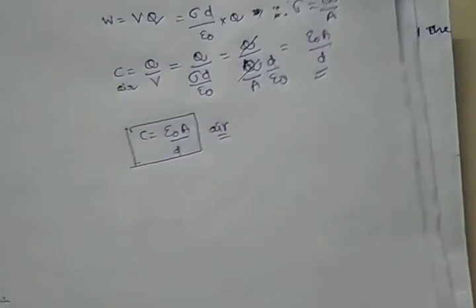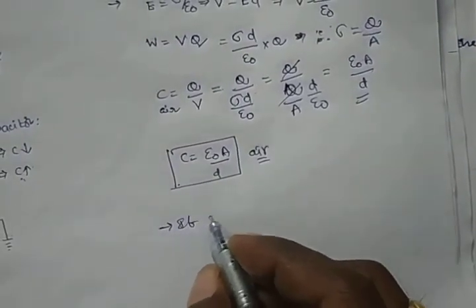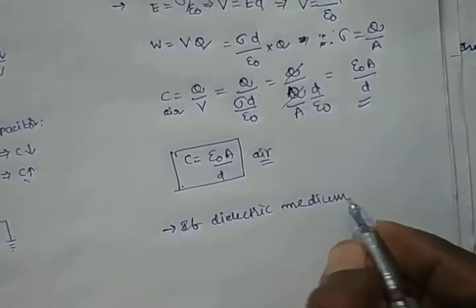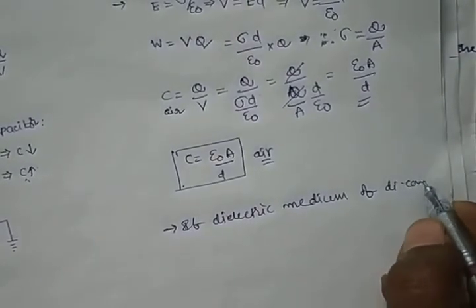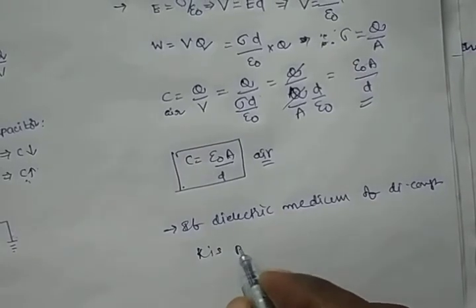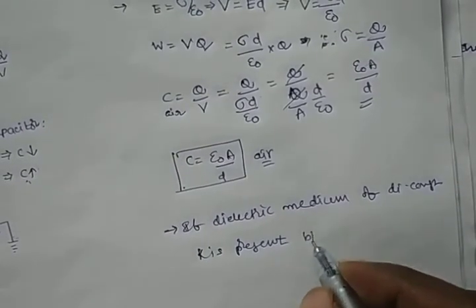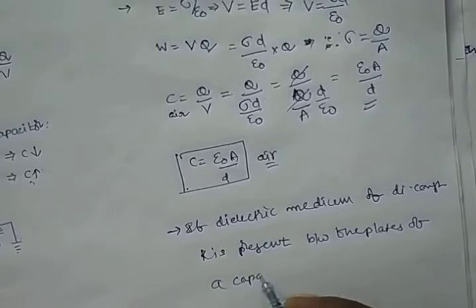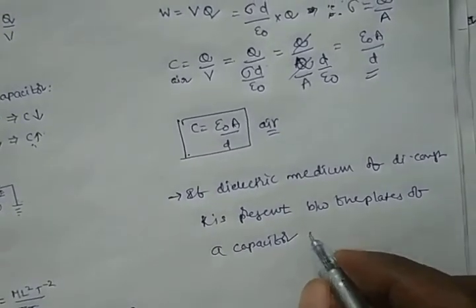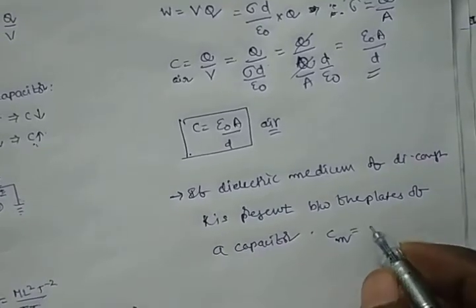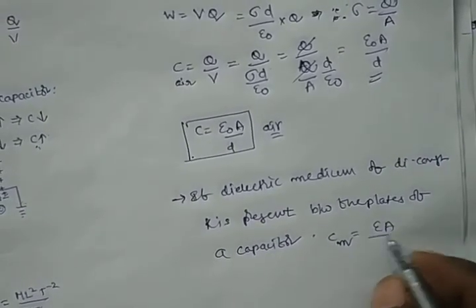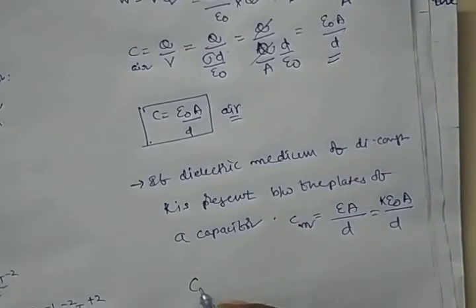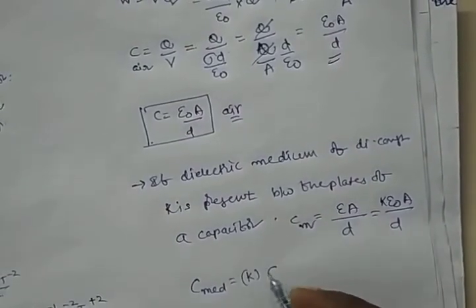Due to the effect of a dielectric, if a medium of dielectric constant K is present between the plates of a capacitor, then the capacitance becomes C medium equal to epsilon A by D. Instead of epsilon naught you write epsilon, so C medium becomes K times C air.